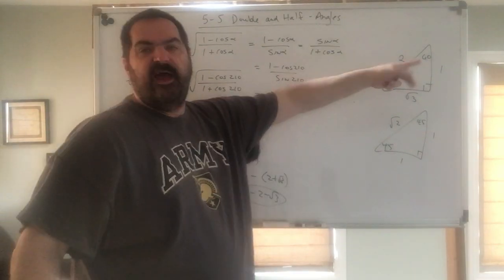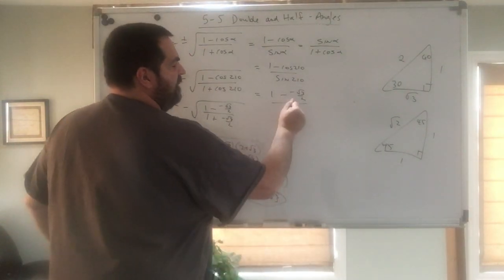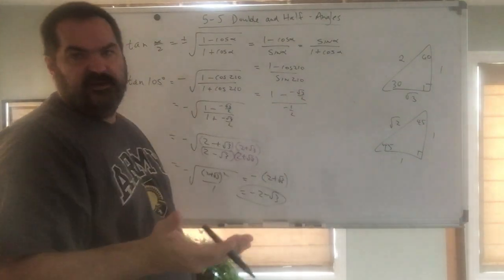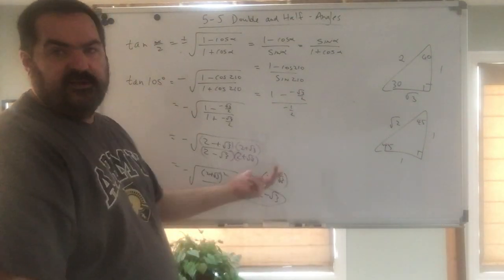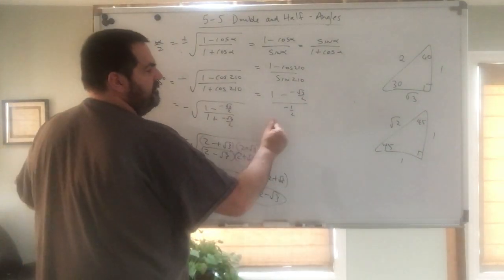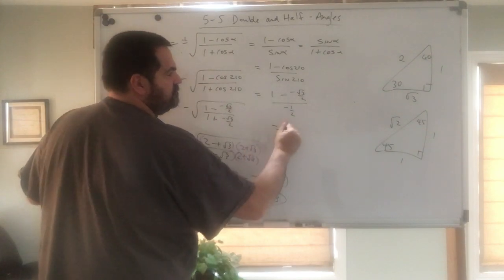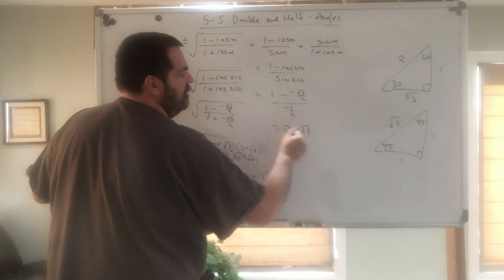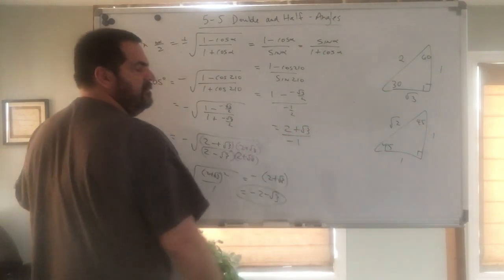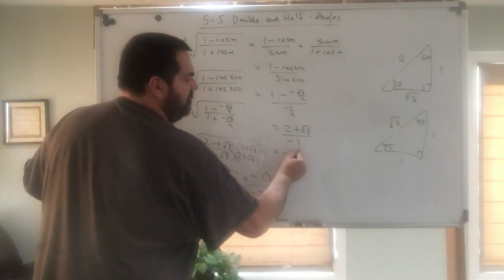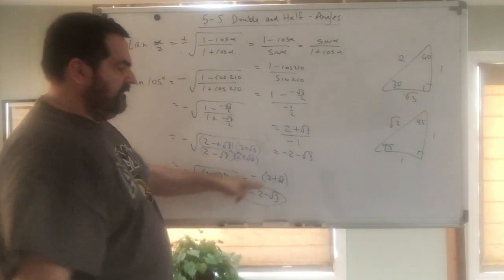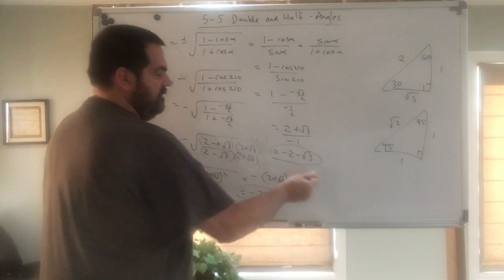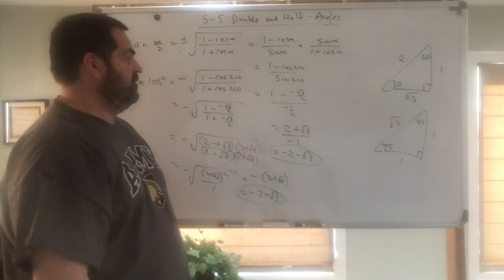Sine of 30 is a half, so it's going to be negative a half. Again, we're in quadrant 3, so everything's negative for sine and cosine. All right, clean up, multiply everything by 2. Distribute the negative sign up. Got the same answer we got before. Much faster, much easier in the math.